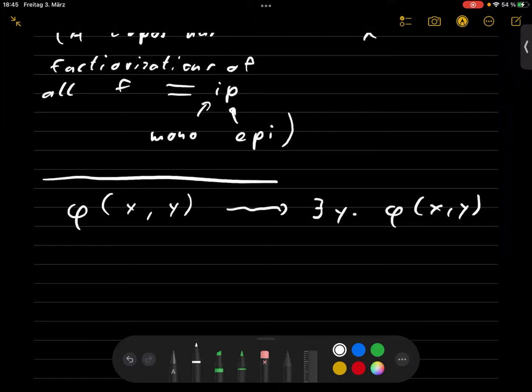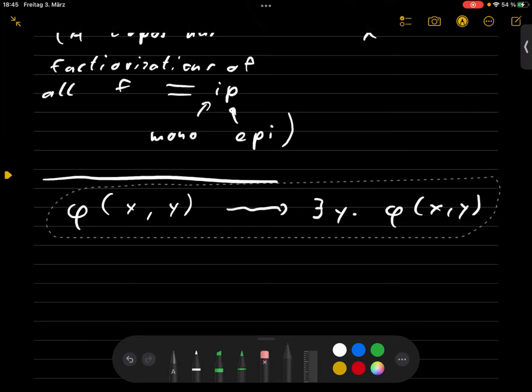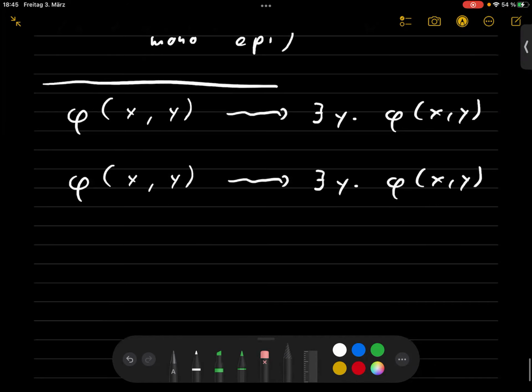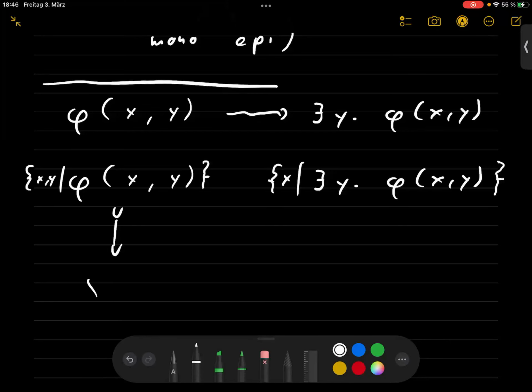And well, to write this, they should be called then the object of all x such that this holds. And here we have the object of all xy such that this holds. And this, of course, is a subobject of x cross y.